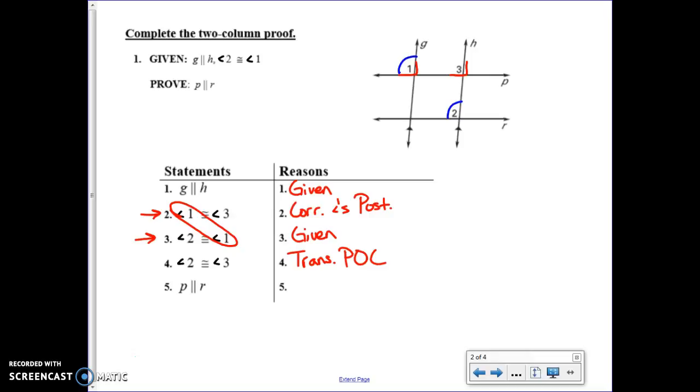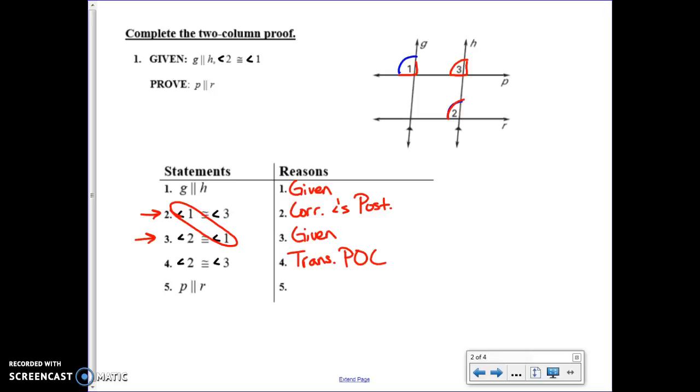Now if we know that angle 2 is congruent to angle 3, we then can say P is parallel to R, and we need to determine why that's true. Again, it looks like those are in the same location, so they're corresponding angles.